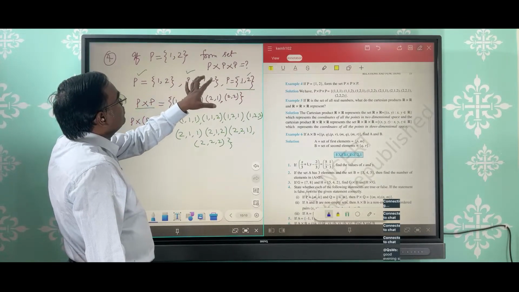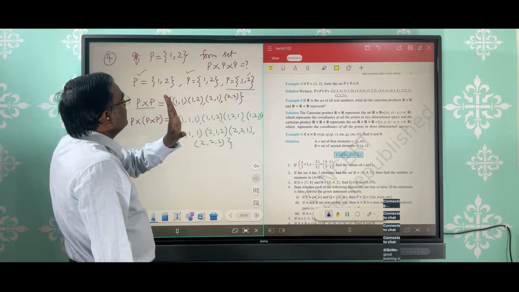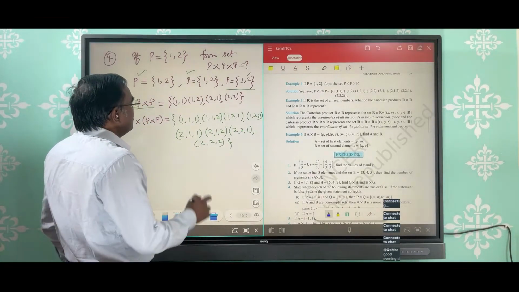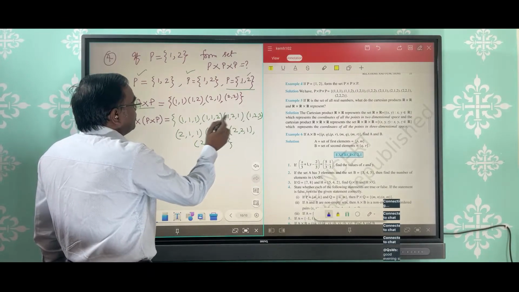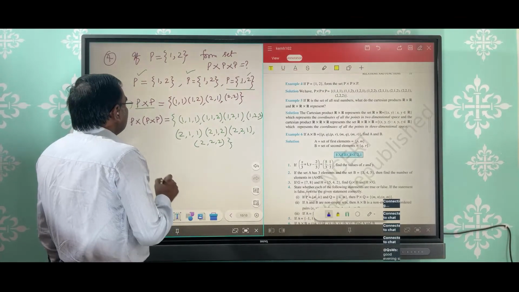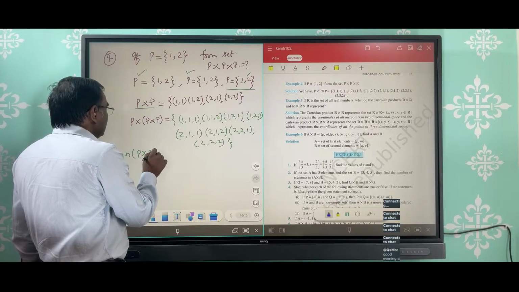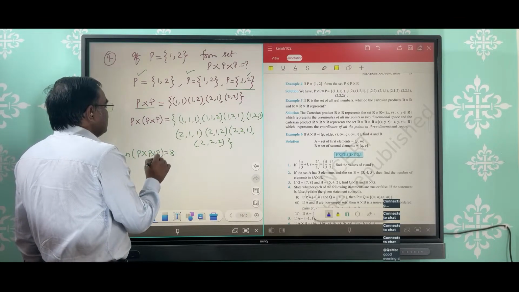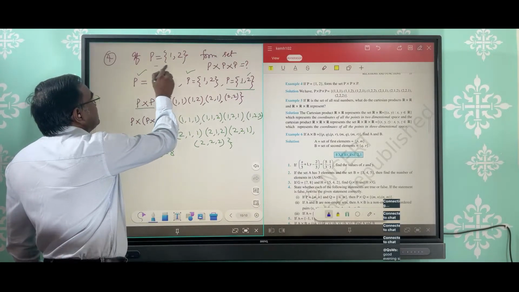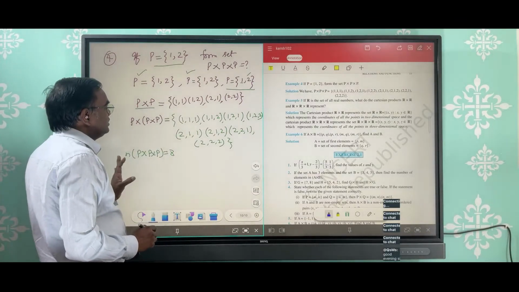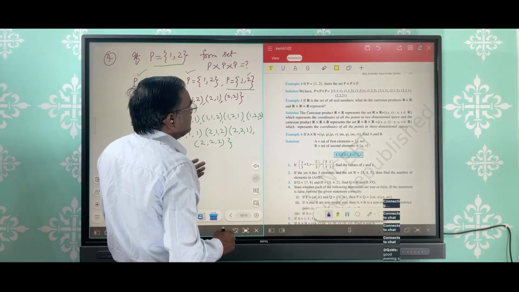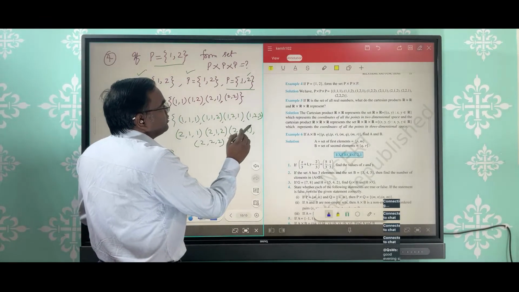That means a total of 8 elements should come. So count 1, 2, 3, 4, 5, 6, 7, 8. So the total number of elements in P cross P cross P is equal to 8, as the number of elements in P is 2. So you can see that our answer is matching with this.